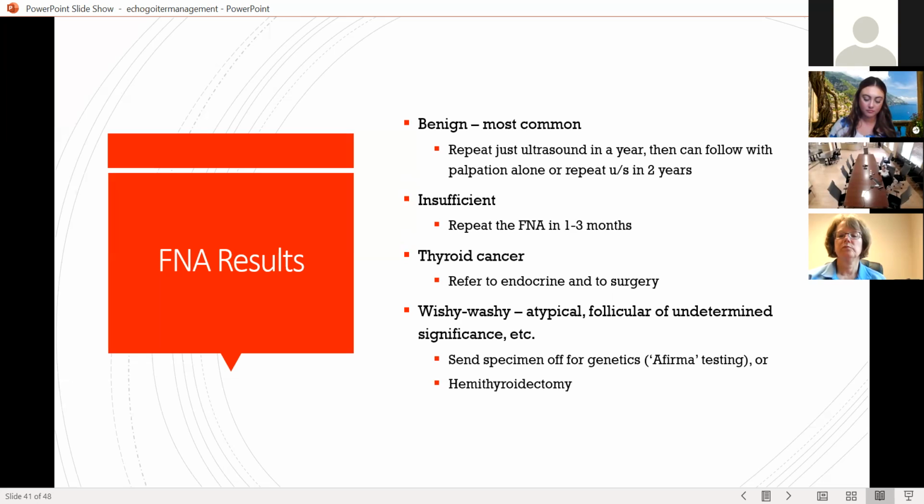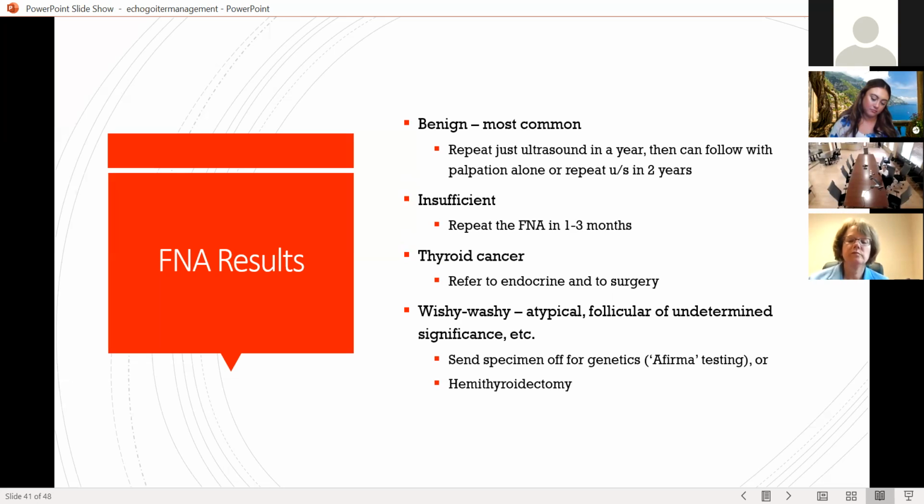So those cells in the thyroid that looked funny can get assessed for having bad types of genetics versus good types of genetics. And based on that result, we can say, you're all right, you don't need surgery, it's very unlikely to have cancer in it, versus the genetics of this nodule that looks a little atypical and funny probably has cancer.